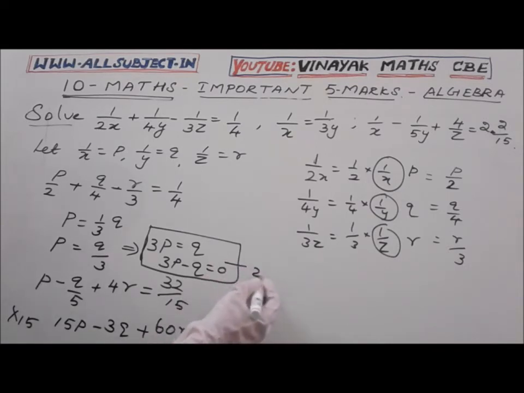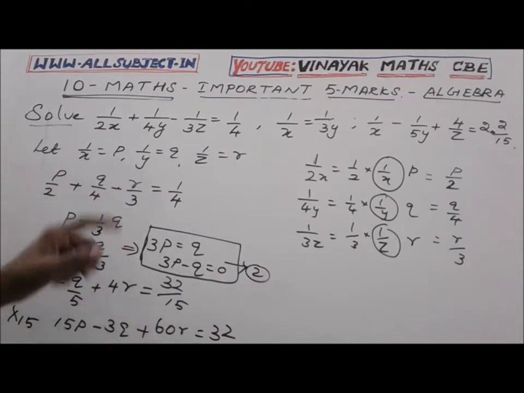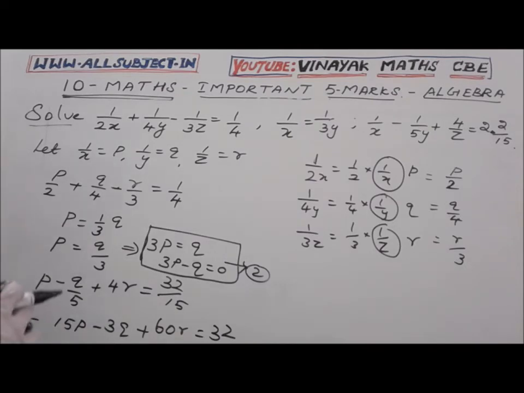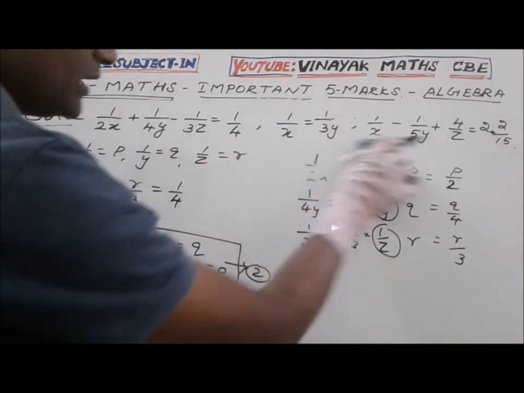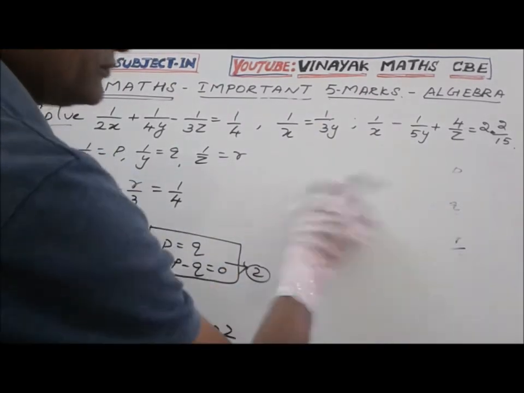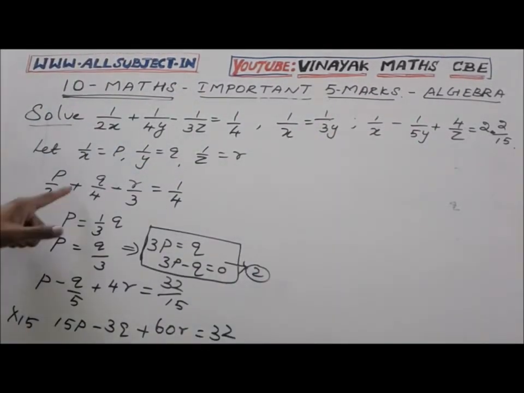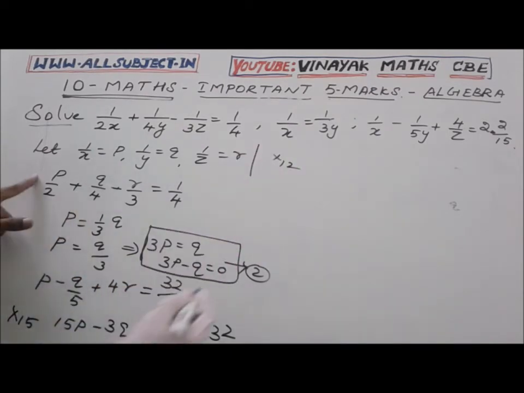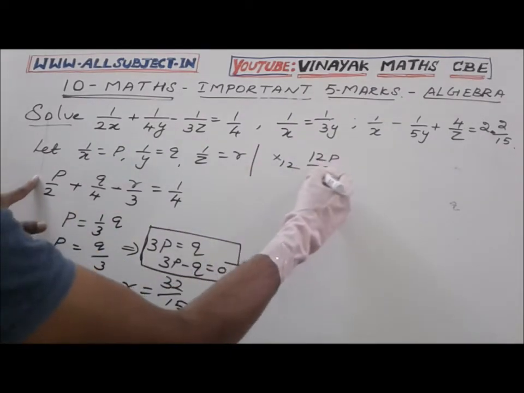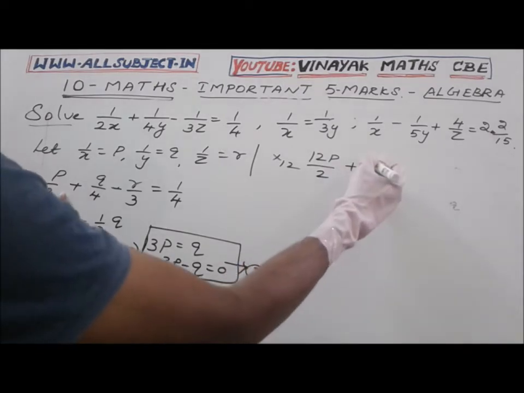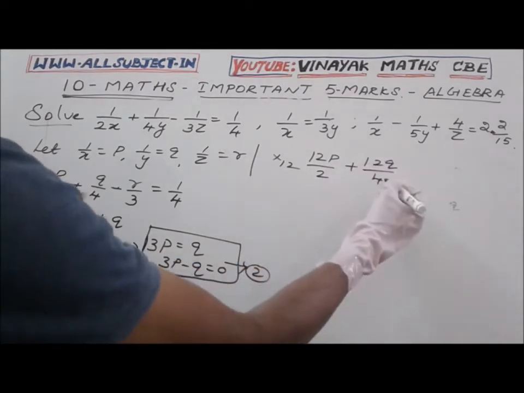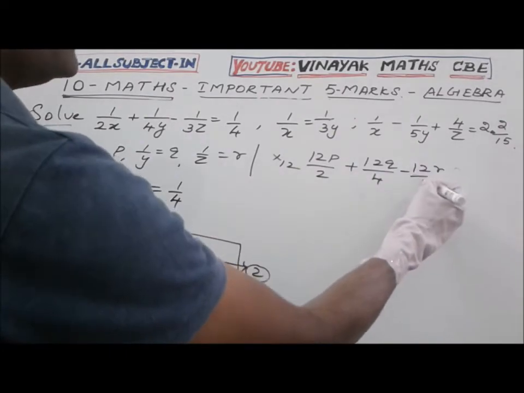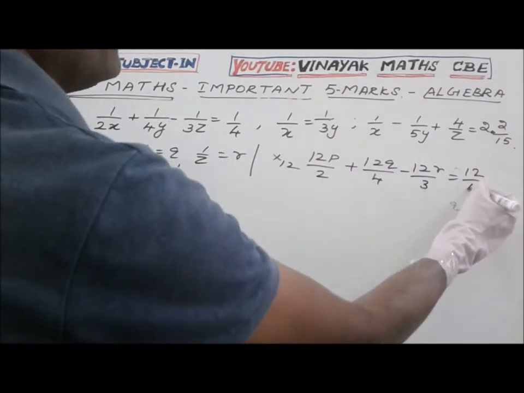Here equation number 2 we have formed, and then the first equation. Here the LCM of 2, 3, 4, 3 is 12. Multiplying the first one by 12, we get 12p by 2 plus 12q by 4 minus 12r by 3 equal to 12 by 4.